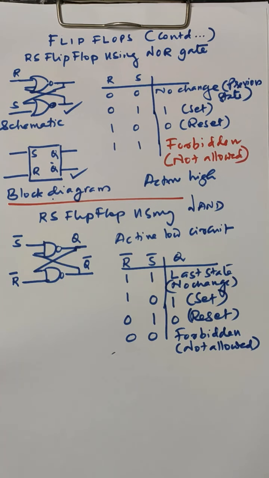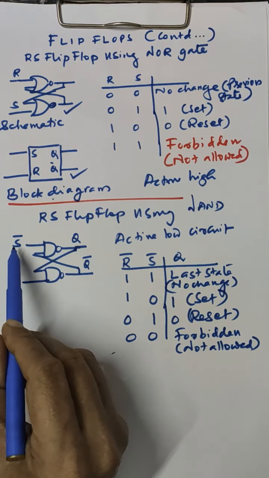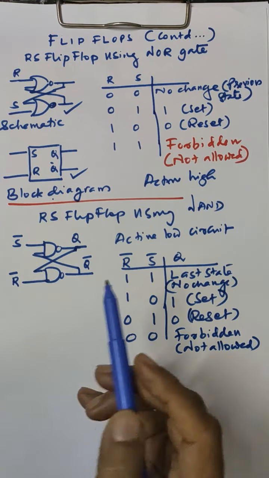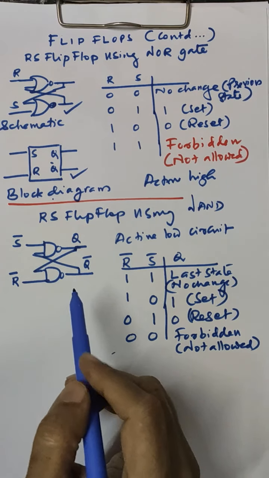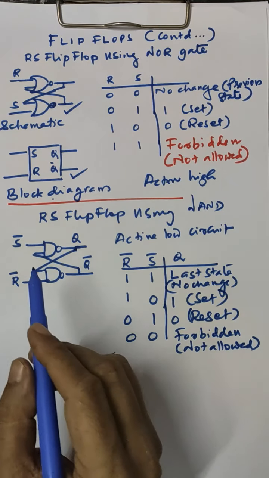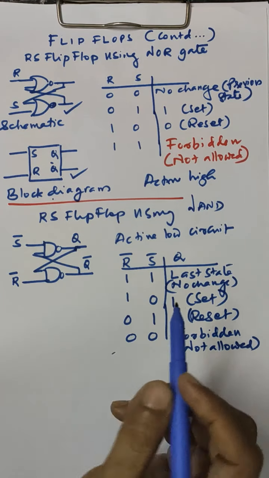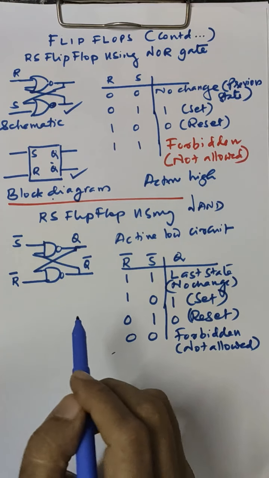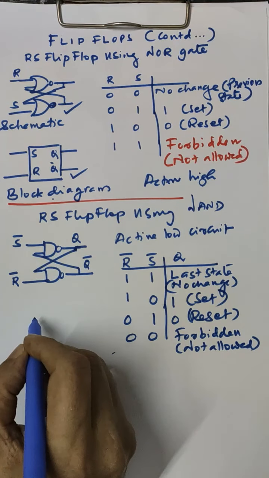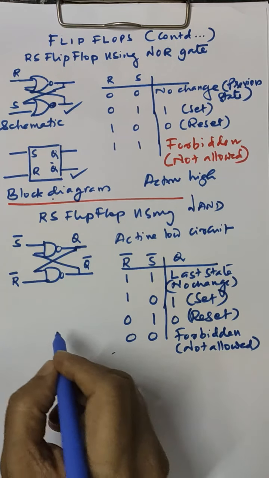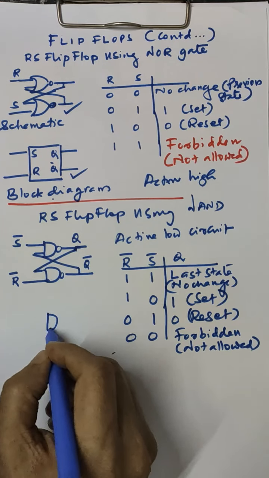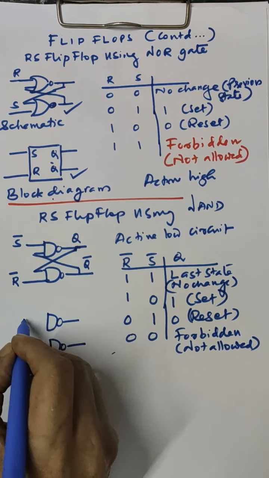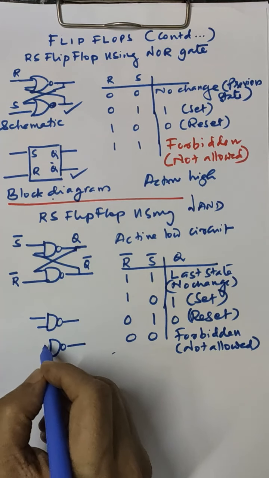How can we modify it? Since these inputs are complements of S and R, in order to make them direct, we can use two NOT gates at the input side. So that will invert S bar and R bar to S and R. Okay, we'll draw the diagram. So this is the NAND gate, the feedback connection.